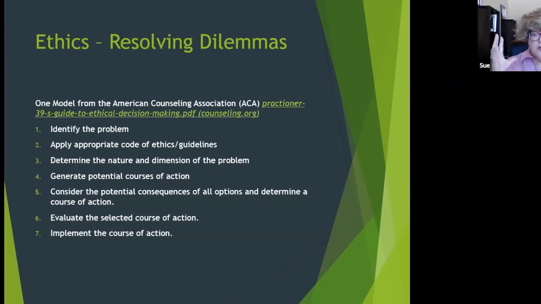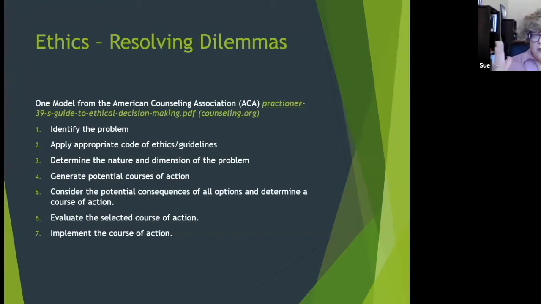I'm a visual person, for example, so me writing things down where I can see it can sometimes be a way that I can kind of try to think about the permutations of different things. Whatever it is that you do to help you think through these things, make sure that you kind of have a process for yourself that helps you do that.